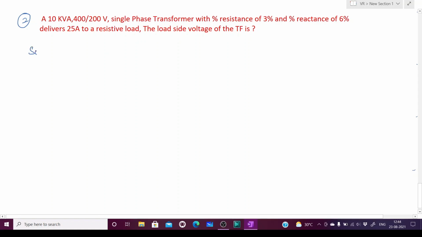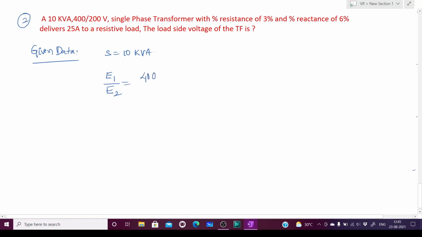So let us write down the given data. Given data has transformer rating which is 10 kVA, and he has given the voltage ratings. These voltage ratings are nothing but E1 by E2. Whenever these 400 by 200 or 11 kV by 33 kV are given, these are E1 by E2 ratios.